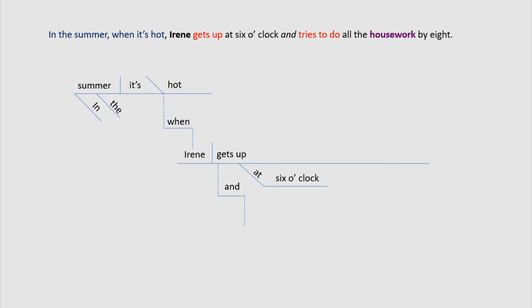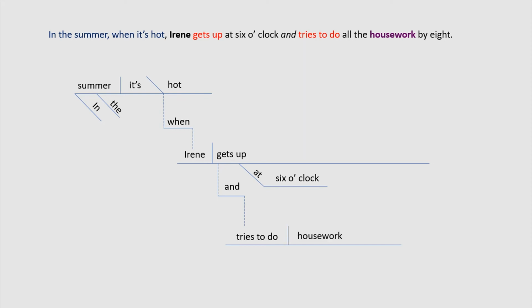And now we have the next verb that is tries to do. Tries to do is, as we know in Spanish, a periphrasis. It's a verb periphrasis. A verb periphrasis is the combination of two verbs. Try to do, all of that is a verb. Remember that. And then, she tries to do all what?